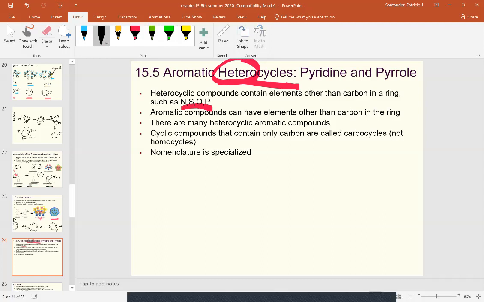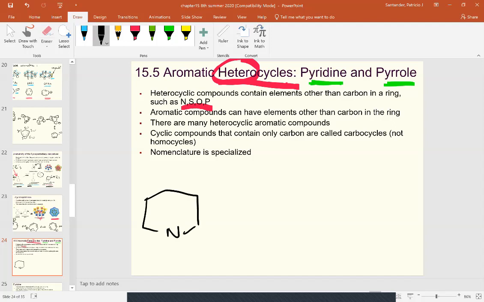There are 3 structures that we will study in some detail. One of them will be pyridine, the other one is pyrrole, and the third one is imidazole.